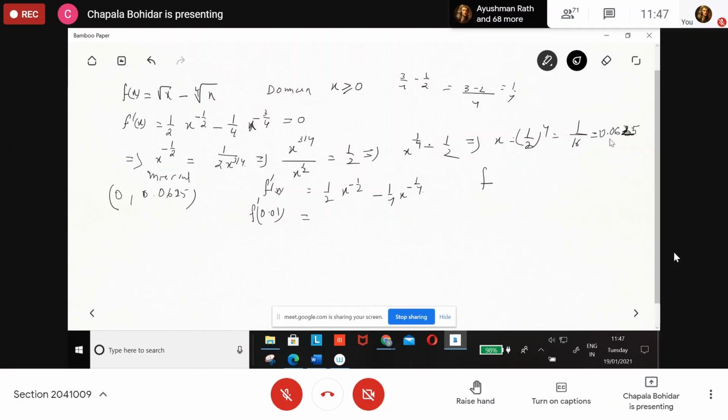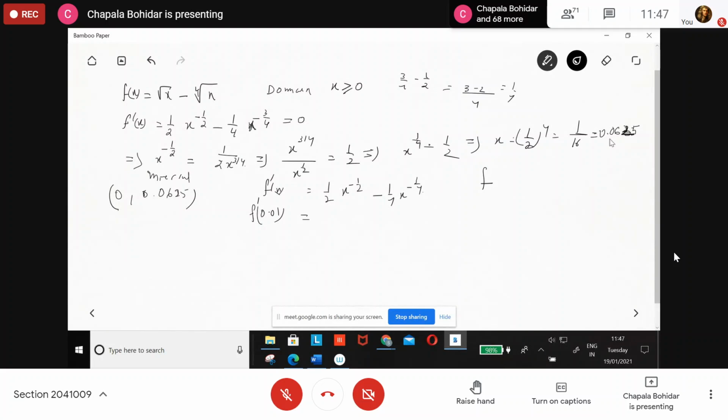Are you able to find it out? Do you have a programming calculator? It is easy to find out by the programming calculator.